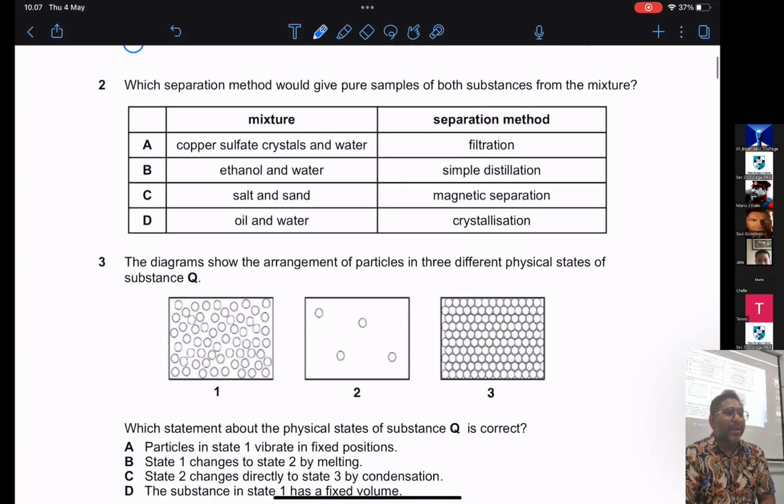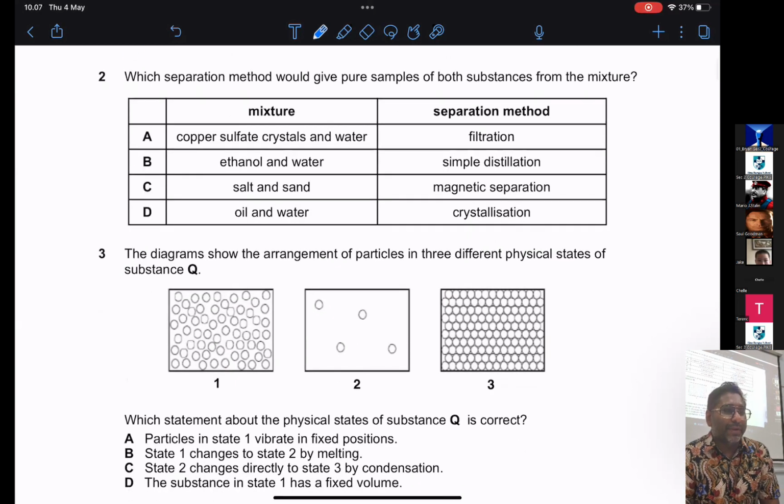Number 2, which separation method would give pure samples of both substances from the mixture? So we want pure samples. Let's say for example, copper sulfate crystal and water, can you use the filtration method?